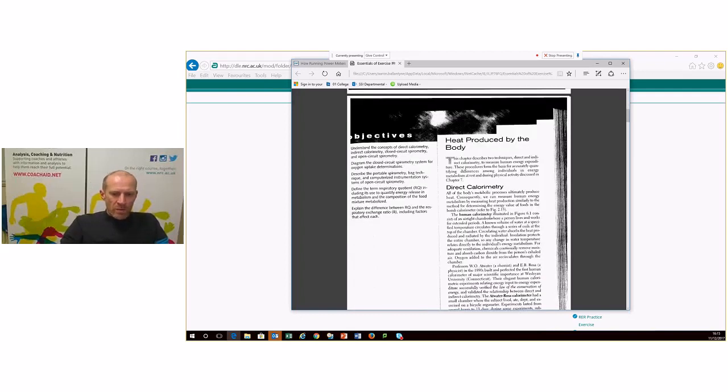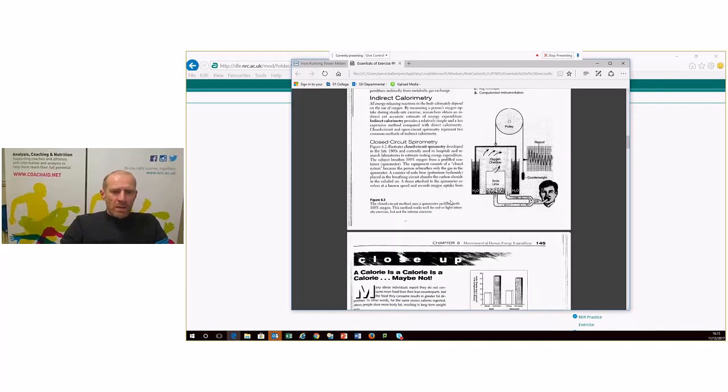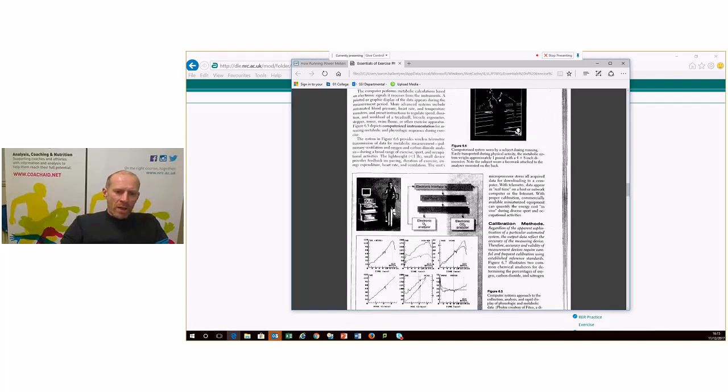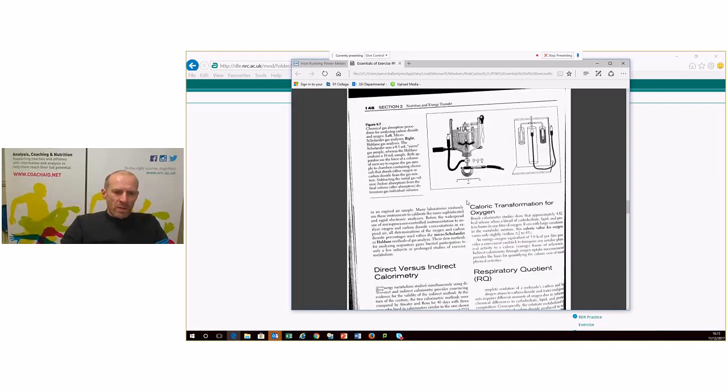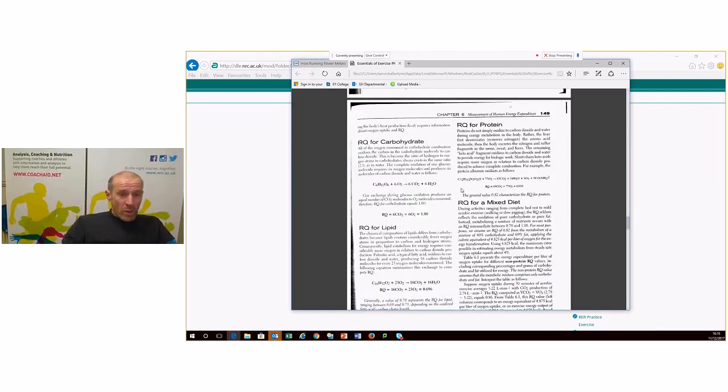I've scanned some of it in. There's a section on direct calorimetry, which we'll look at in a minute, indirect calorimetry, how we collect the information, and direct versus indirect. There are also the equations for RQ and RER, which you're going to look at in the assignment as well.